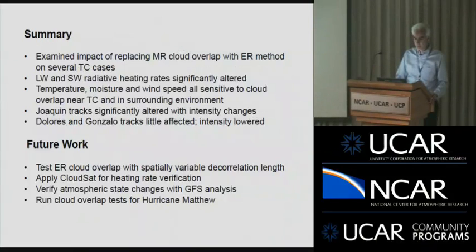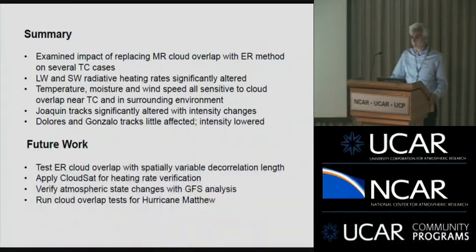All right, by way of summary, I can tell you that we've examined the impact of replacing the MR overlap with the ER method for several tropical cyclone cases. We've shown you that the long-wave and short-wave radiative heating rates are substantially altered simply by changing the cloud overlap method in this one way. We've also shown you that this subsequently changes the temperature, moisture, and the wind speed, not only within the tropical cyclone, but in the surrounding environment.